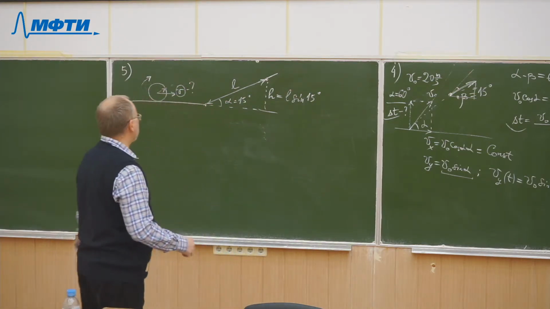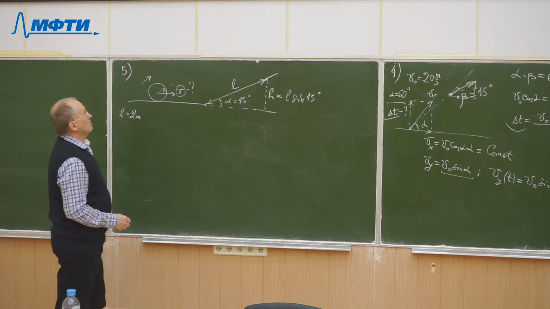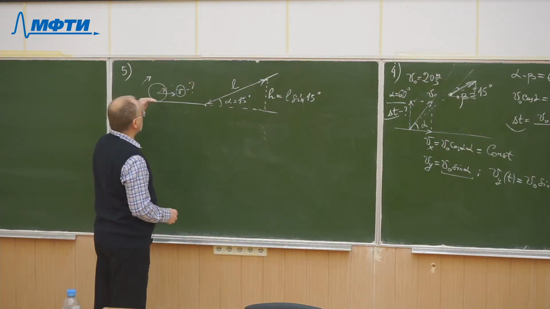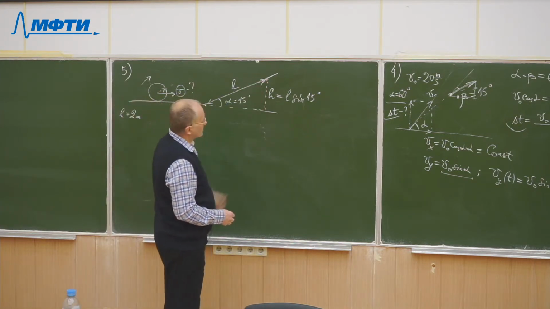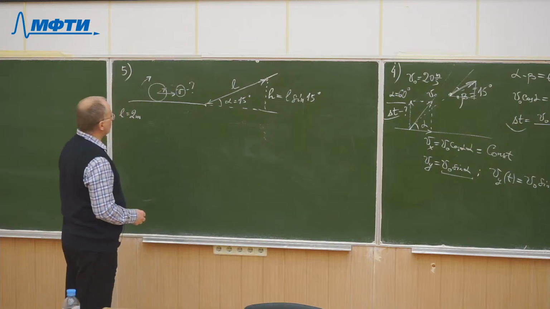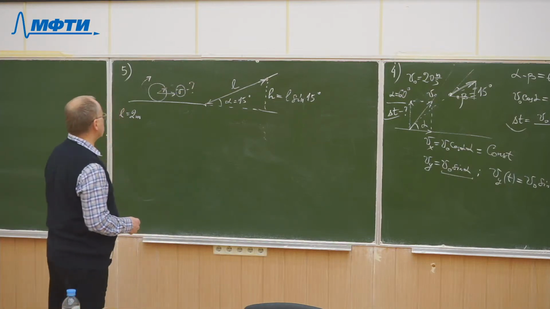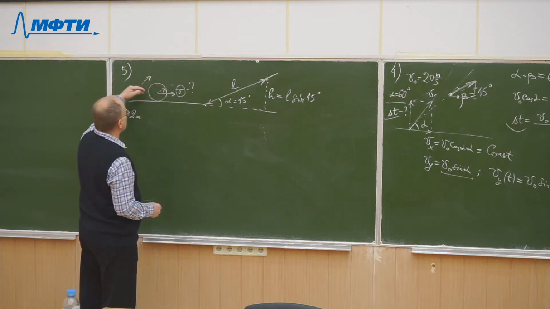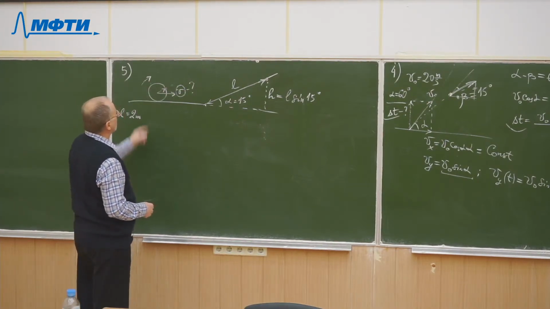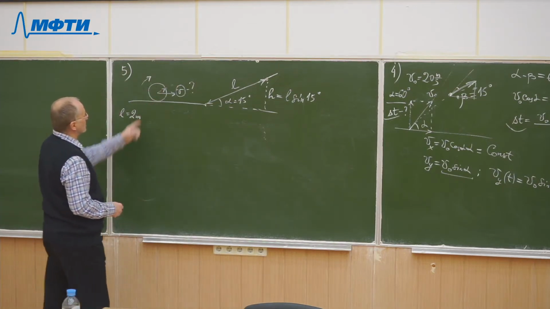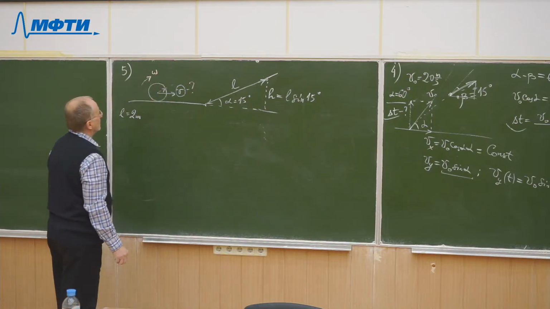All the students understood that we have to apply the law of conservation of mechanical energy, which is the initial energy, which is kinetic energy, must be equal to the final energy, which is potential energy of the disk. But not every student understood that we must take into account both the energy of the motion of the center of mass of this disk and the rotational energy of this disk, because it rolls, so it's rotating at some angular velocity.